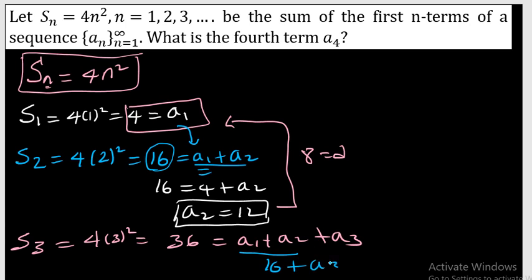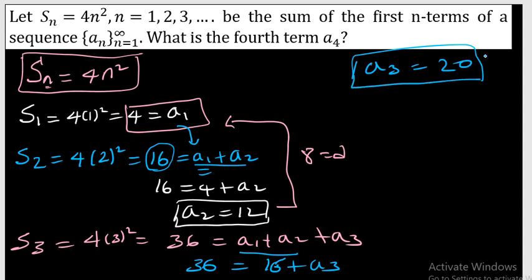So 16 plus a3 is equal to 36. If you reshuffle, the 16 will go and be subtracted, so a3 is 20. Again, the difference between a3 and a2 is still 8, so the common difference is 8, and the sequence is arithmetic.